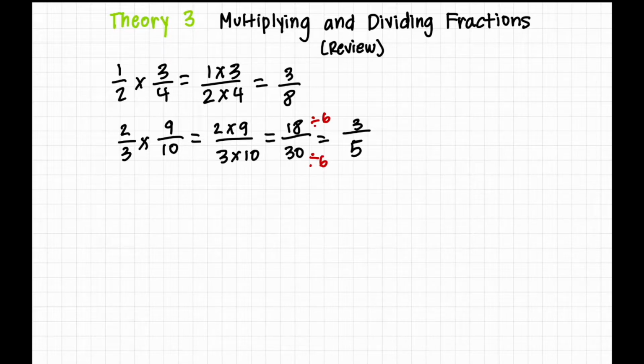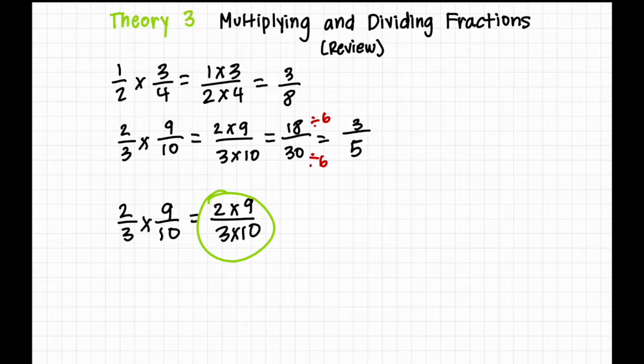Okay, so if we redo this question, 2 times 3 times 9 times 10. I'm just going to copy this down because those are the steps. In real life, you would just do this step inside your head, but I'll write it down.